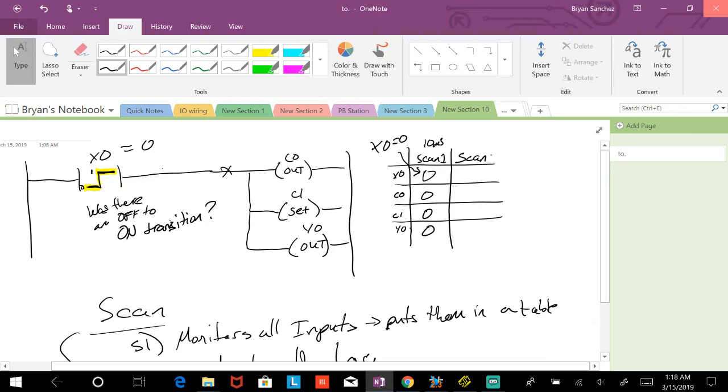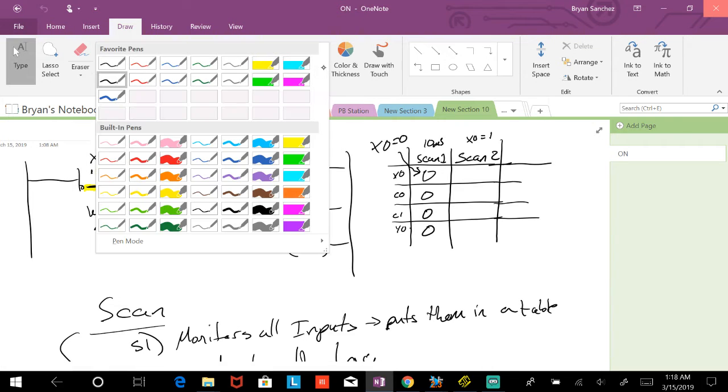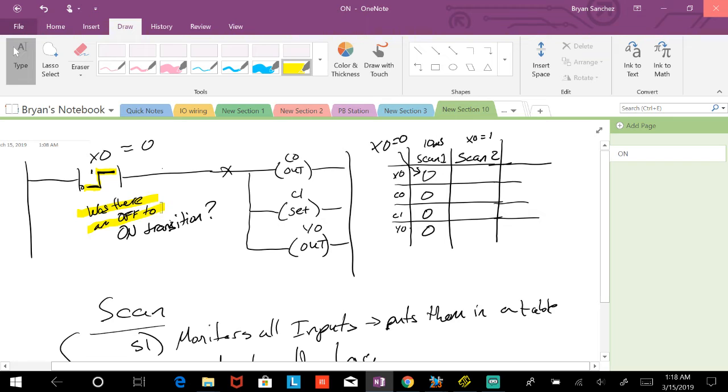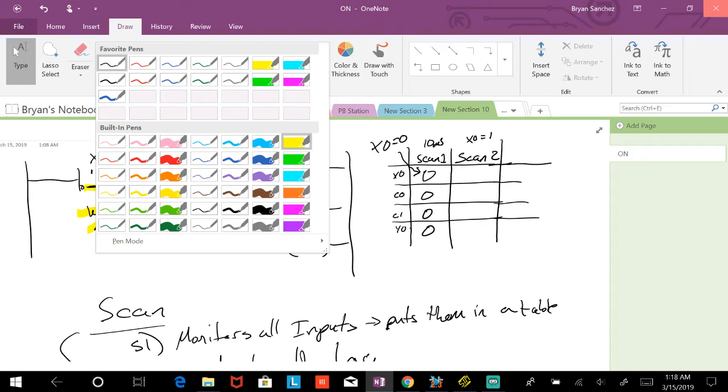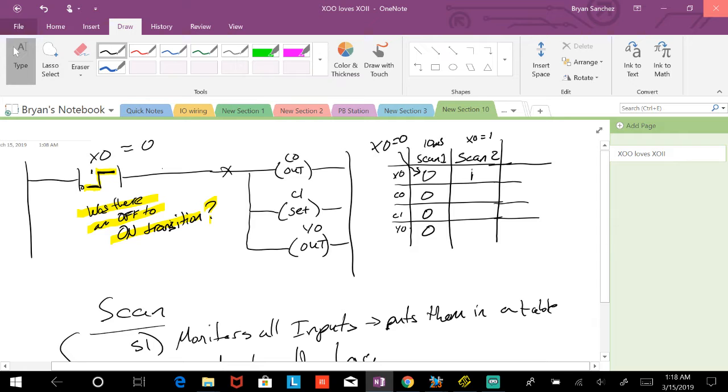At some point, scan 2, X0 turned to 1. So you've got to ask yourself the same question. Was there an off to on transition during scan 2? Let's see. Oh, there was. X0 was 0, right? Now we have a 1.